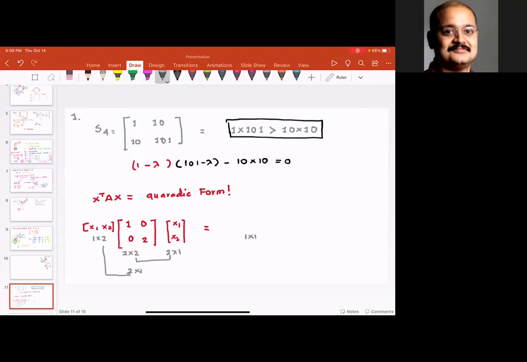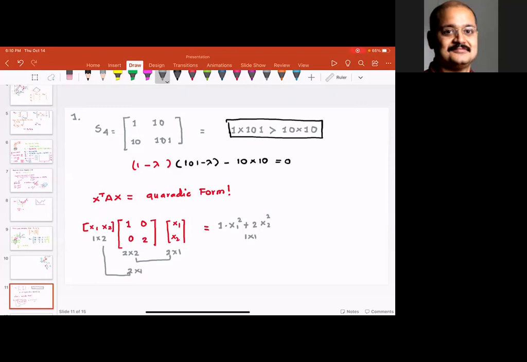So it is actually a scalar quantity. When you perform this multiplication, you're going to have 1 x1 square plus 2 x2 square. Do you agree with me? Now, can you see that no matter what the value of x1 and x2 is, my quadratic form is always going to be positive because that matrix is positive. Everyone understood this?